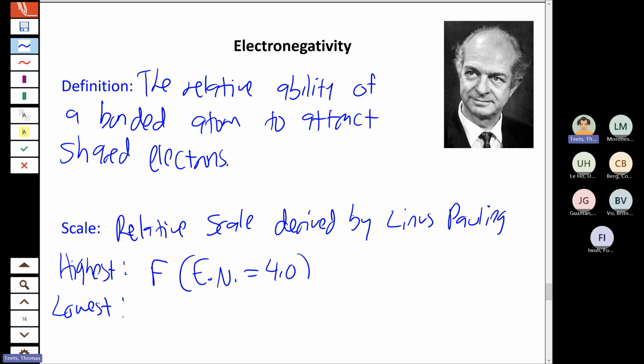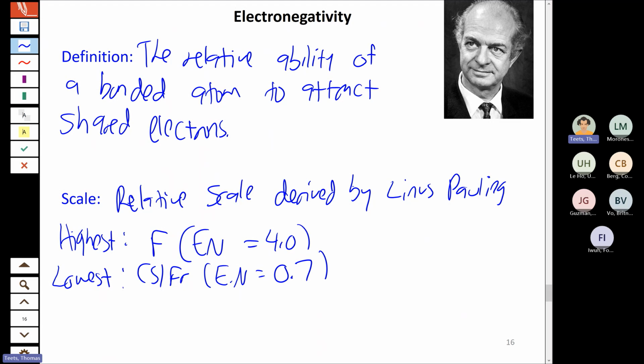You go down to the bottom left, cesium and francium. Those two down there have the lowest electronegativity, which on this scale is 0.7. We don't need periods there. That's just En. It's fine. It's only one word. All right, so En for electronegativity. So that's kind of the scale that we're talking about.